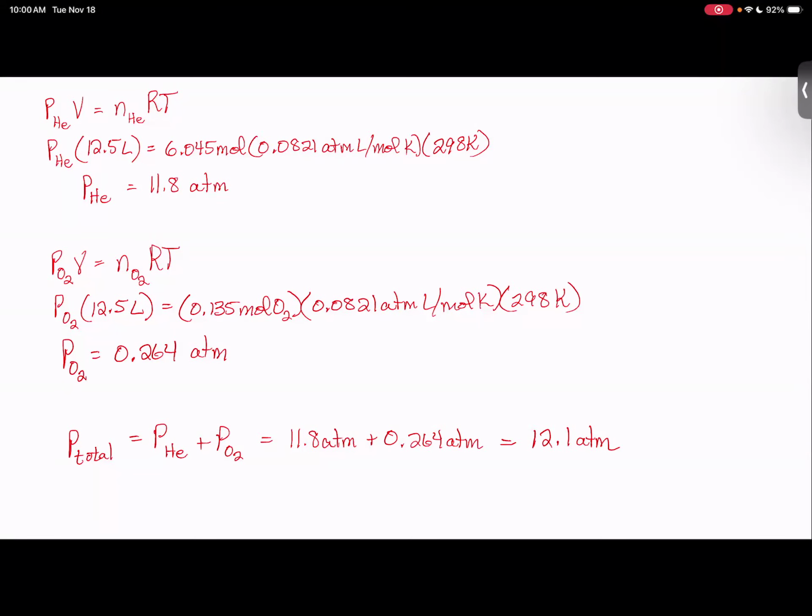Questions? You will notice that again, I went back to the same ideal gas law. And I went to Dalton's law. These are common storylines.